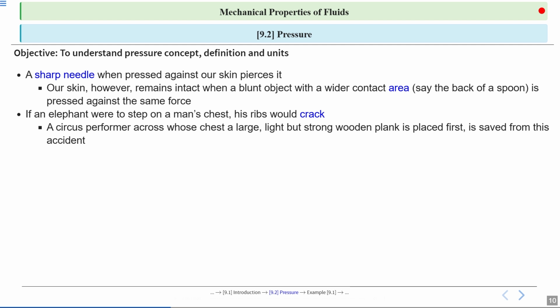The plank distributes the elephant's weight over a larger area, reducing the pressure on any single point. This demonstrates how increasing the contact area can mitigate the effects of force.